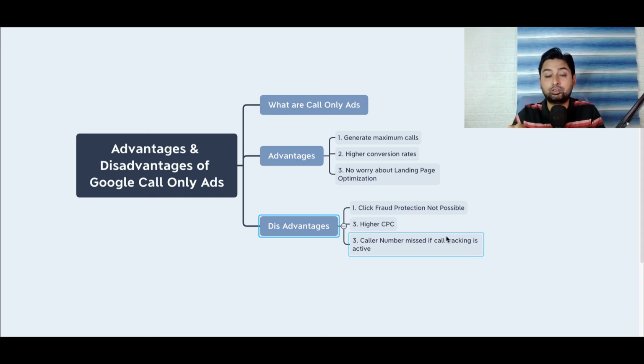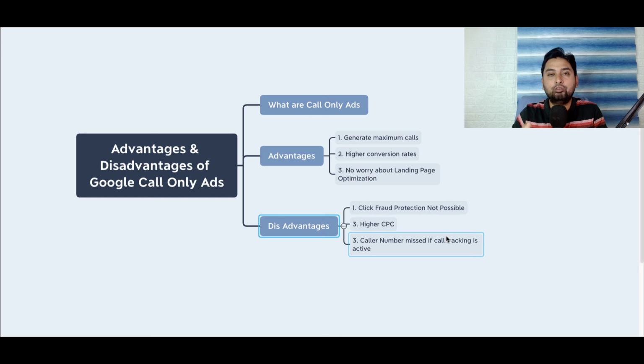So if you were busy and couldn't pick that call at that point of time, you will have a missed call from a Google number. Now you will not be able to know who the lead was who called you. You don't have the lead contact number, so that at a later point of time you can go back to that lead and speak to them. So it's like you lost the lead.